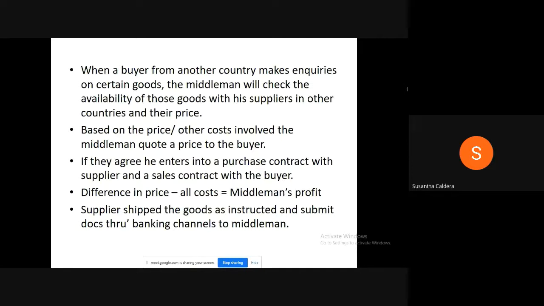Simultaneously, he will enter into a purchase contract with the supplier in China and a sales contract with the buyer in Germany. So the difference in price minus all cost is the middleman's profit. Right?